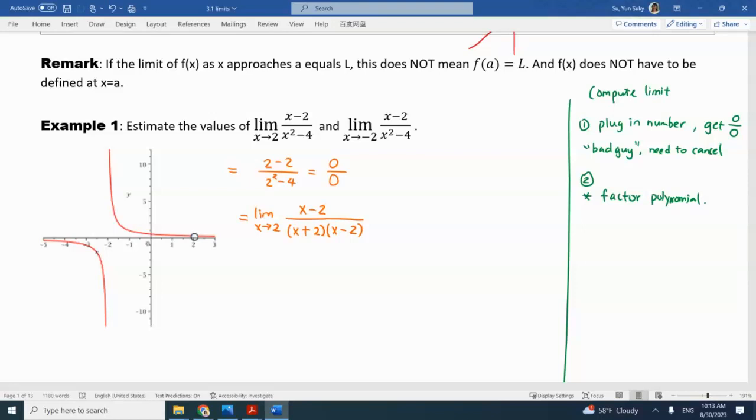Do you see the bad guy? x minus 2 is the bad guy, because when you plug in 2, 2 minus 2 is 0. This bad guy makes the numerator and denominator 0. So we can cancel the bad guy. The reason we can cancel it is that x is approaching 2, but x is not equal to 2. That's why we can cancel.